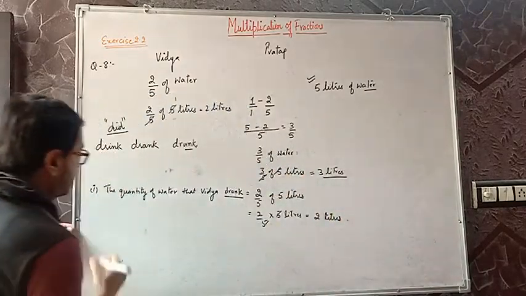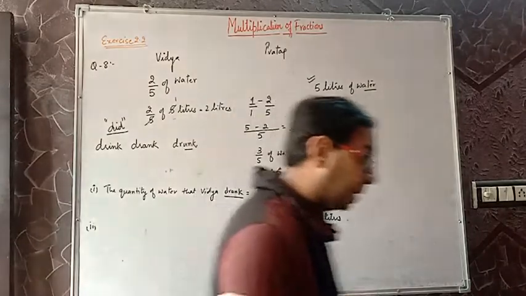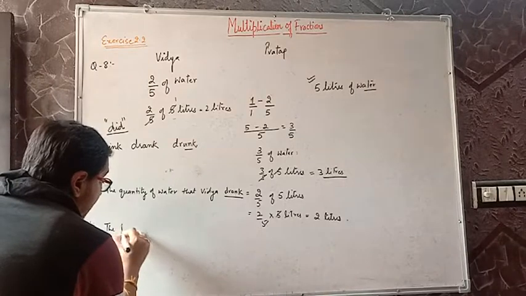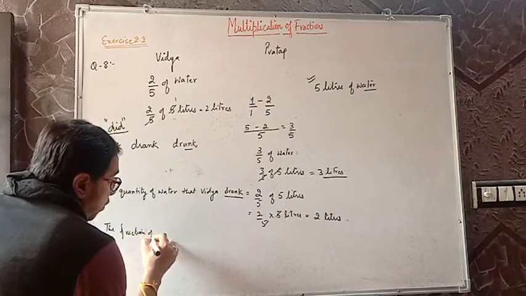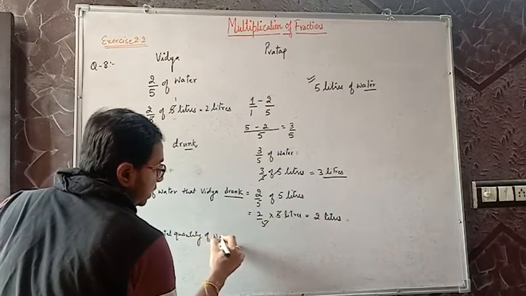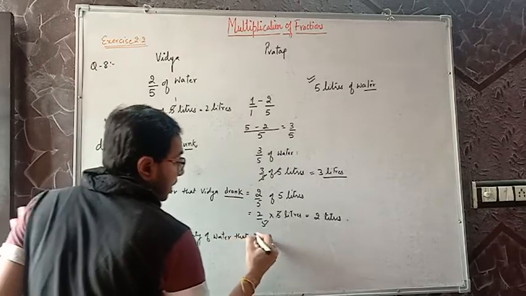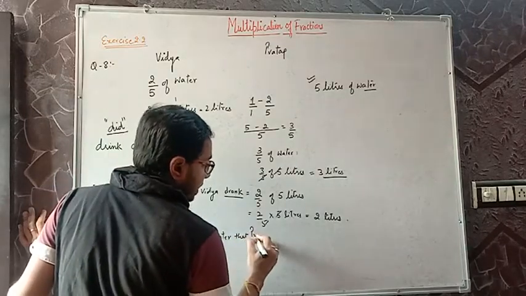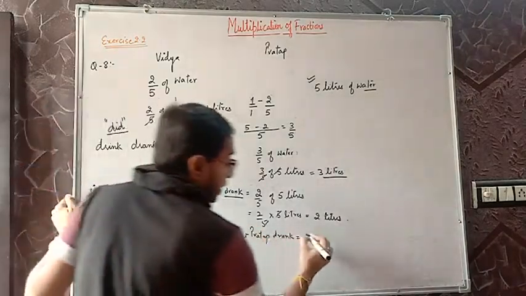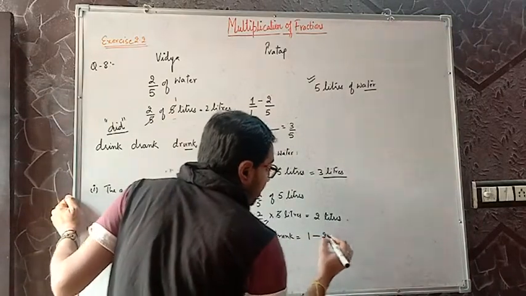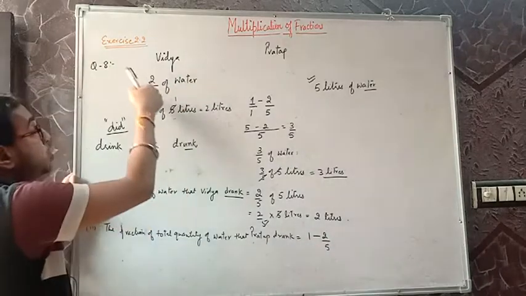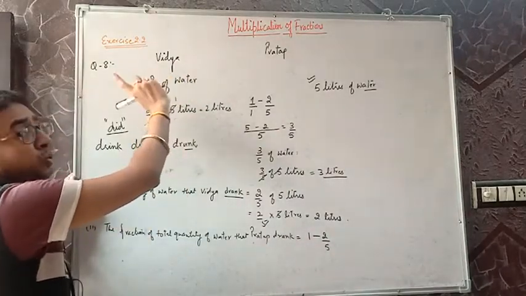Any doubt? Next, question number second. What fraction of the total quantity of water did Pratap drink? The fraction of total quantity of water that Pratap drank is equal to 1 minus 2 by 5. Why 1 minus 2 by 5? 1 denotes the whole quantity, out of which 2 by 5 of water is drunk by Vidya.